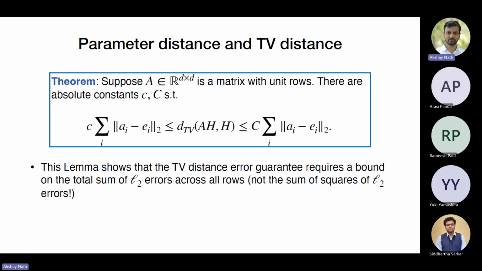This is the upper bound, and there's no better way to do it. And for the mean, the small vector b, that is the L1 norm. The TV distance is tightly bounded by the L1 norm of the mean.